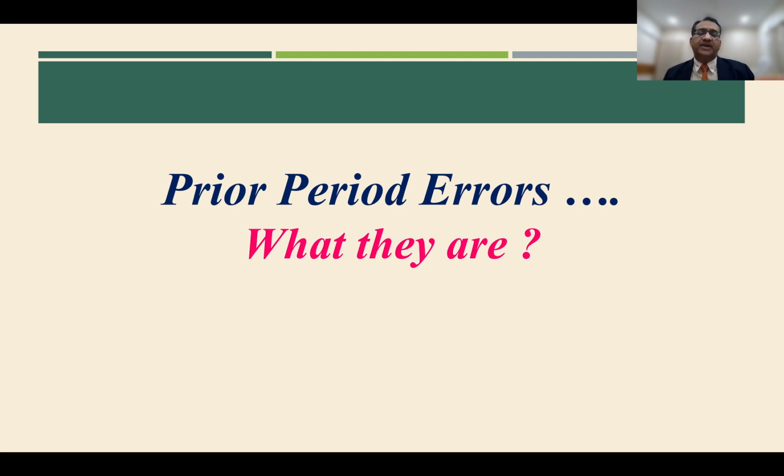this particular topic. So let us first see what prior period errors are, how the standard defines them, and what comes within the category of prior period errors, and then I will give you some illustrative case studies to explain the concept of prior period error.